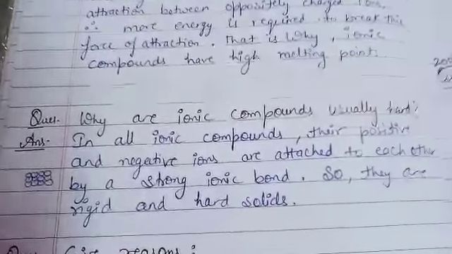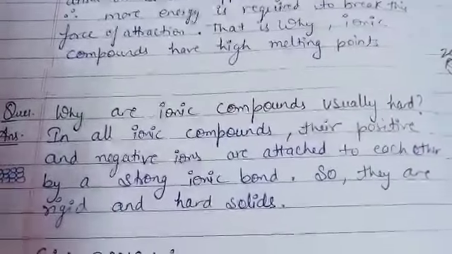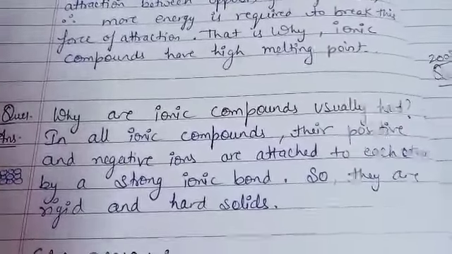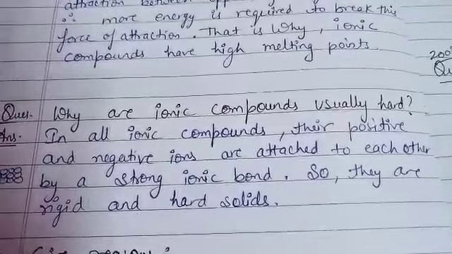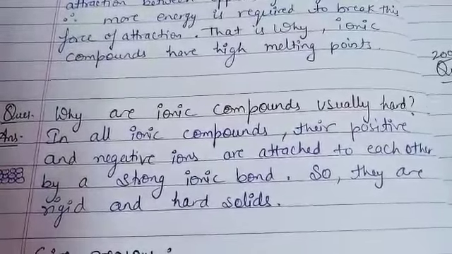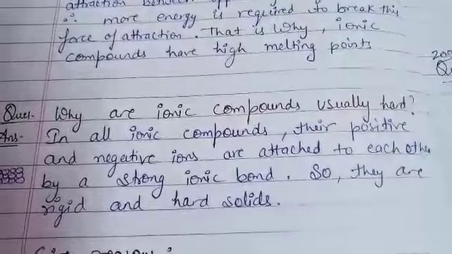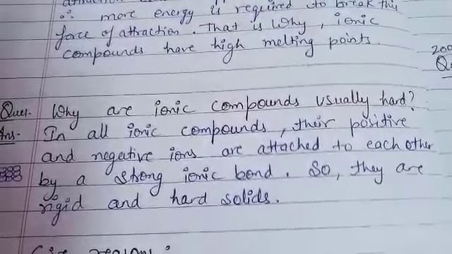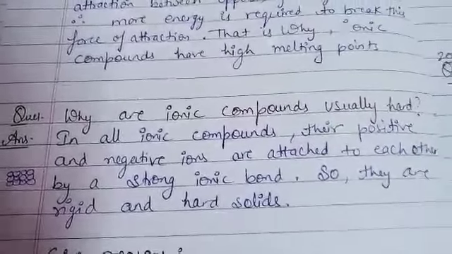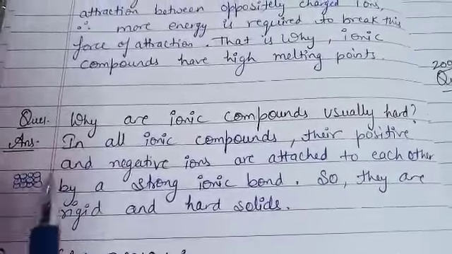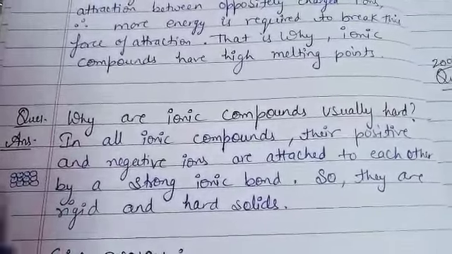That's why ionic solids are also known as crystalline solids. So maybe a question like this, why are they hard crystalline solids, don't get confused with the word crystalline, because a detailed study of this word will be done in higher classes. Normally, crystalline solid means the particle arrangement is in ordered form.